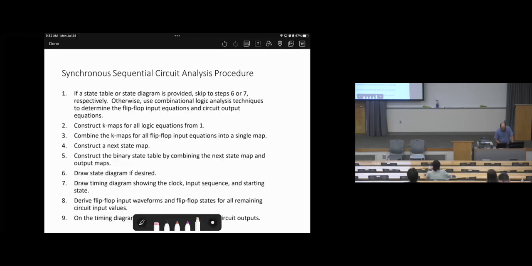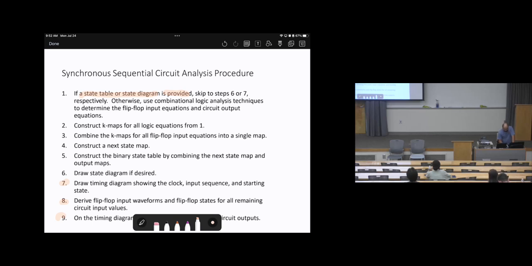Most likely, if the state diagram or state table is provided, then we can skip everything and go to steps 6, 7, 8, and 9. If it is not, we need to determine the state diagram. First, you need to determine and label the inputs and the outputs.